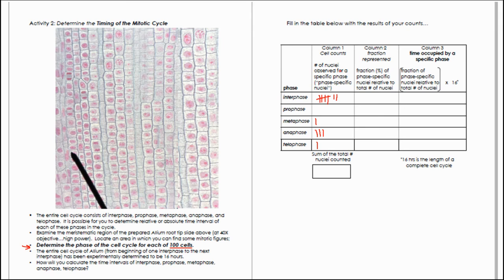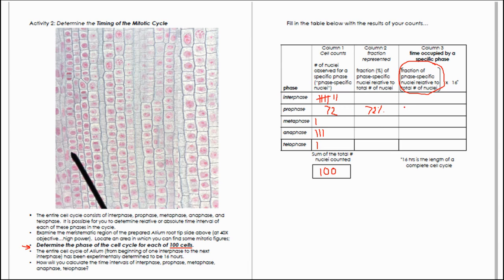And then we're going to 100 because you want to have 100 nuclei counted, because you're going to turn these into percentages. And when you turn them into percentages, you take whatever number is here. Like if the number here is 72, then that's 72%. That's just for ease of calculation, right? And then to figure out how much time they spend in each phase, you're going to take the fraction.